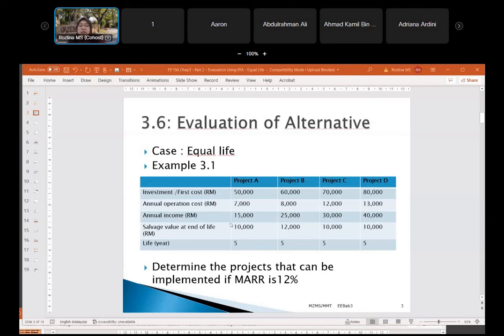So, okay, Idham Hakimi, is it correct? Faiz Yaakob, maybe. Oh, you are not sure? Okay, Lim Jin Yang. I will go back to Idham later. Lim Jin Yang, what do you think? What is annual operation cost?